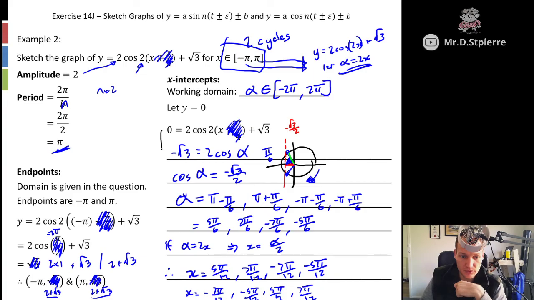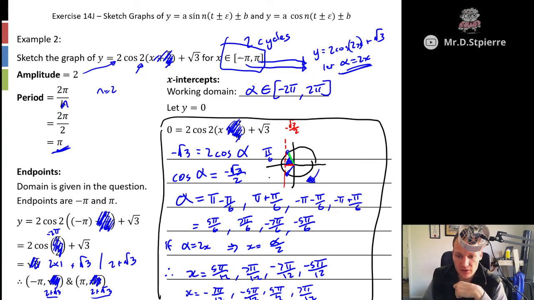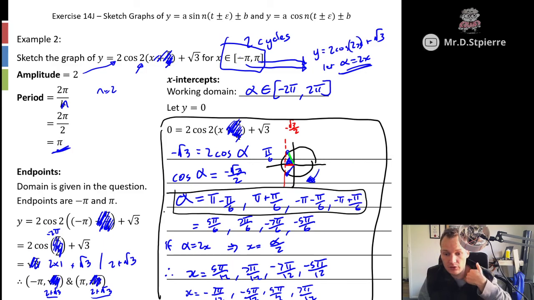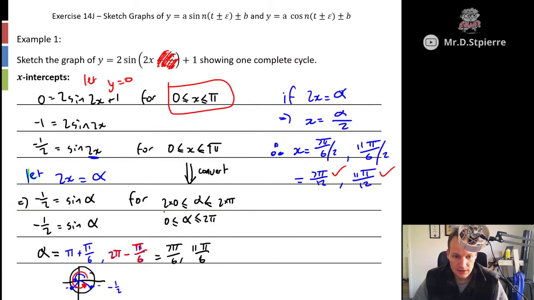Within solving the equation, you need to recognize the symmetry within the unit circle. That's going right back to the start. If you're still struggling with the symmetry of the unit circle, which is the most fundamental part of this whole topic, then you need to go back and really revisit that, because you can't fluff your way through it.